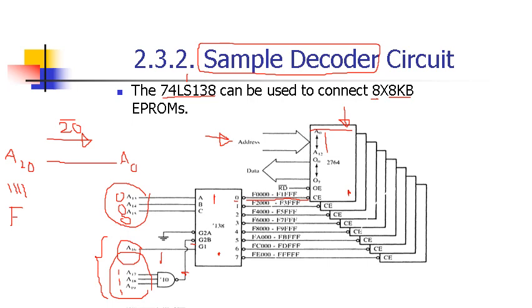Now if you are talking to the first memory chip, memory chip number 0, you have to provide 3 zeros. 1, 2, 3. Then these are the decoded bits.